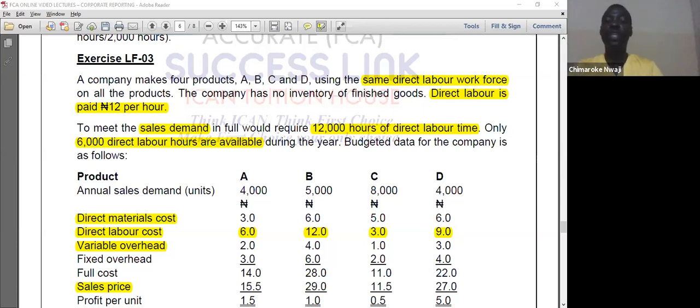So you will not say, oh, I will not do C until you finish D. On paper, you have identified that you can do all of D, all of C, and part of A.